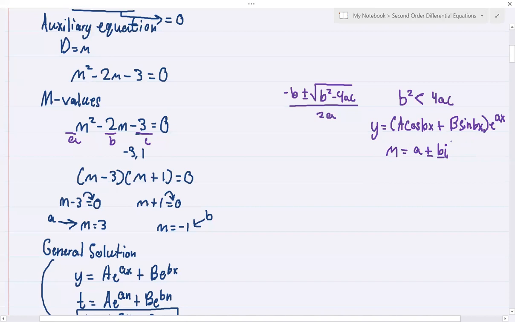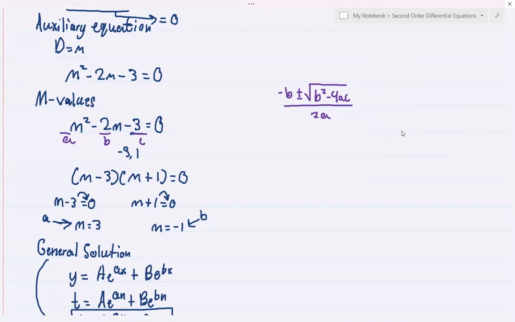So this means that you're going to have two complex values. In other words, you will have an imaginary result. Okay, so let's now go back to the point.